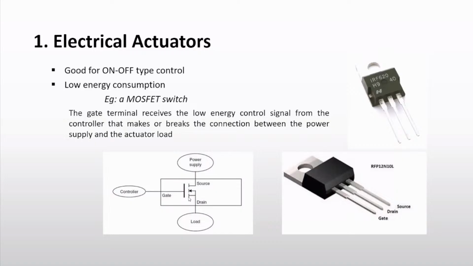So here you can see a MOSFET, and here also. Like the transistor that you can see has three legs, emitter, base, and collector, like that there are three legs of the MOSFET.